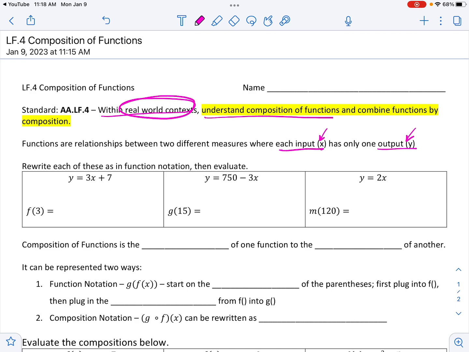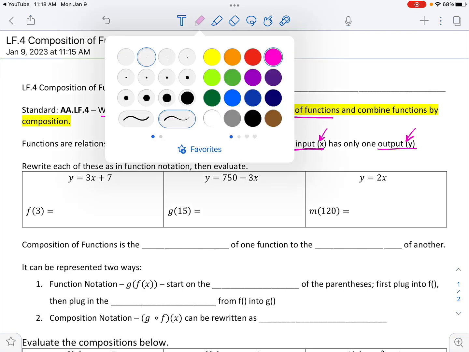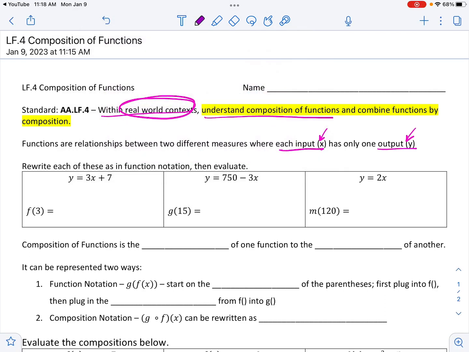Basically, we can plug in a number here for x, and I can get out a number y. This works great because if I've got more than one function, I can plug in the x and get out a y, and then plug that into the second one.